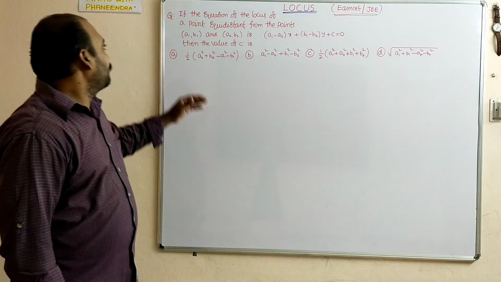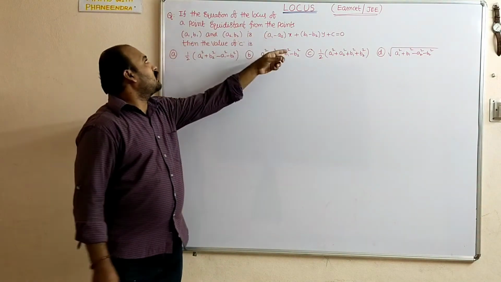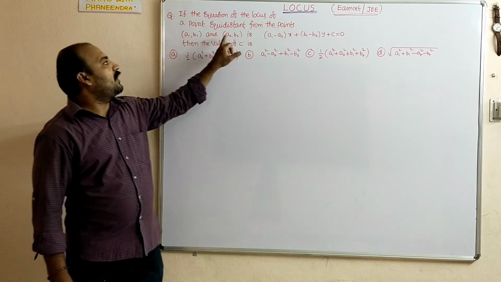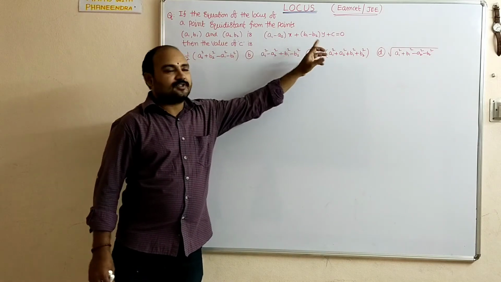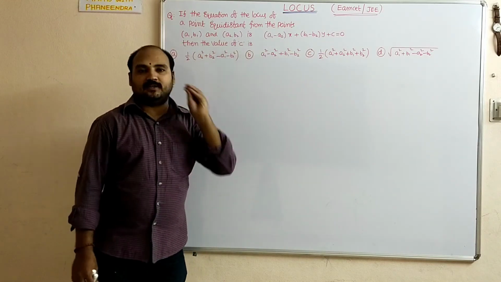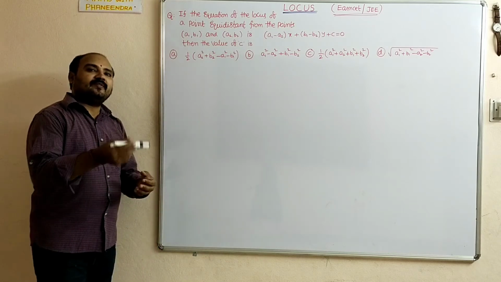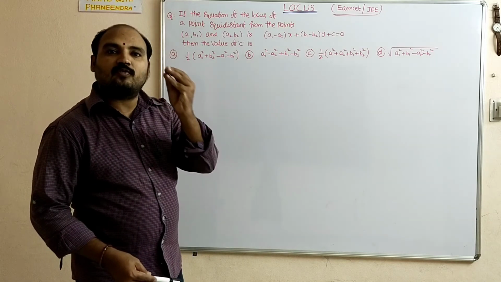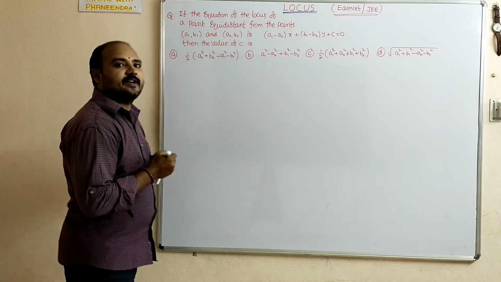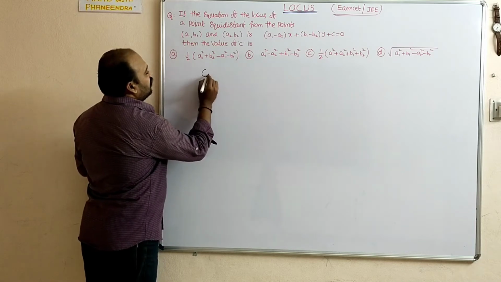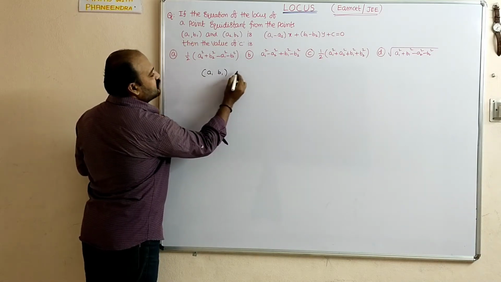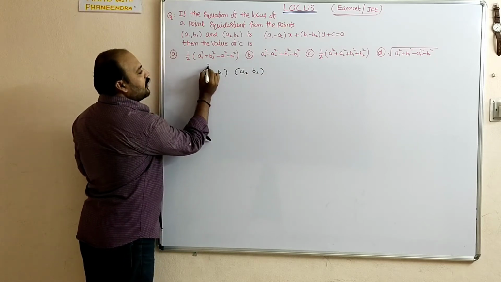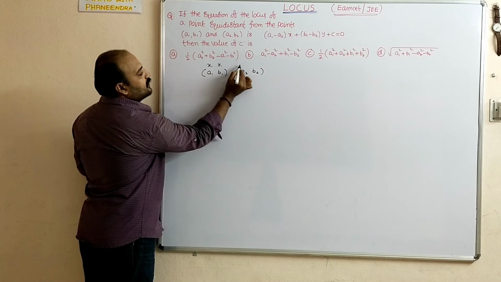The next question. If the equation of the locus of a point equidistant from the points (a1, b1) and (a2, b2) is this equation, then find the value of c. In the previous class we discussed the equation of the locus of a point P which is equidistant from given points (a1, b1) and (a2, b2), usually denoted by (x1, y1) and (x2, y2).